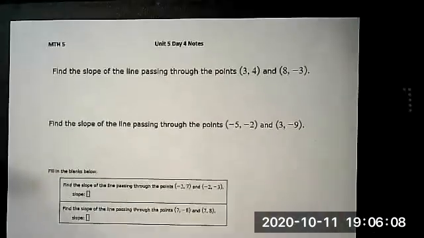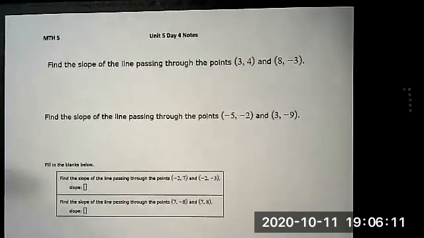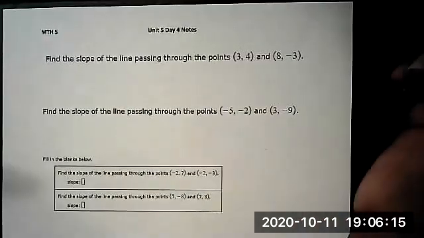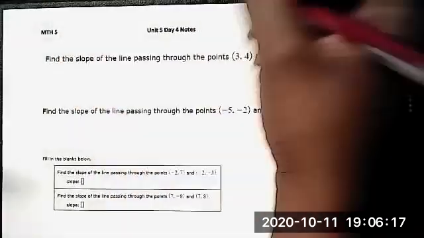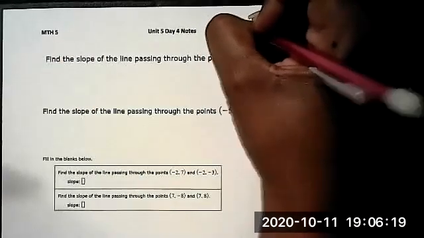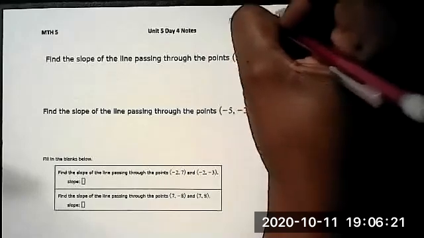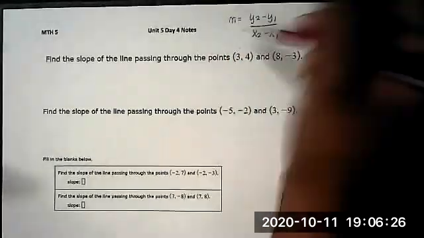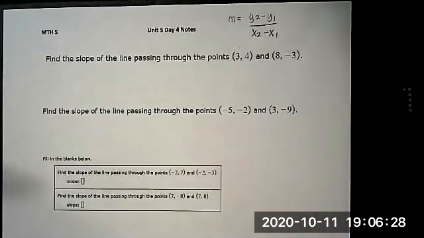Okay. For the next page, they want you to find the slope using 2 points. So here you would label your points first. The formula to find slope, which is M, is y2 minus y1 over x2 minus x1. That is the slope formula.